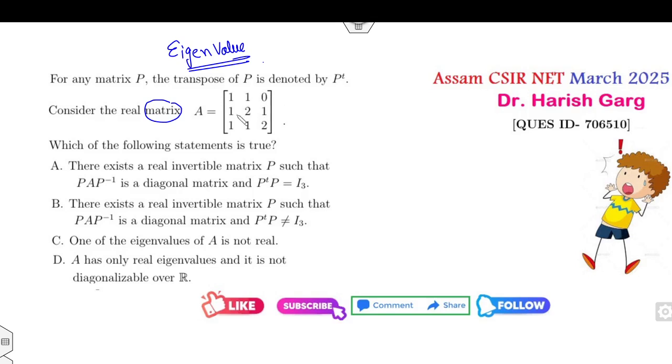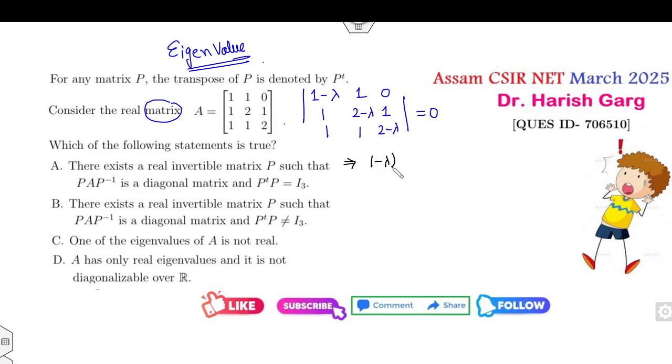Check whether the row sum is the same: 1, 2, 3, 4, 4. No, the row sums are not the same. So let's start with the eigenvalues. The determinant of 1 minus lambda, 1, 0, 1, 2 minus lambda, 1, 1, 2 minus lambda, equals 0. Can you find the eigenvalue?